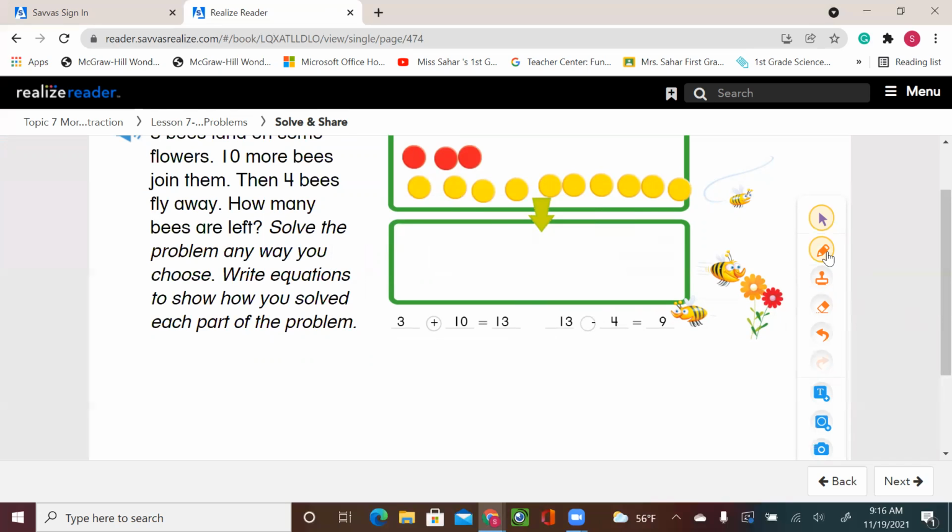If I wanted to use a drawing, I know I have 13, I can take away 4, so 1, 2, 3, 4, and then I count how many I have. I will have 9.